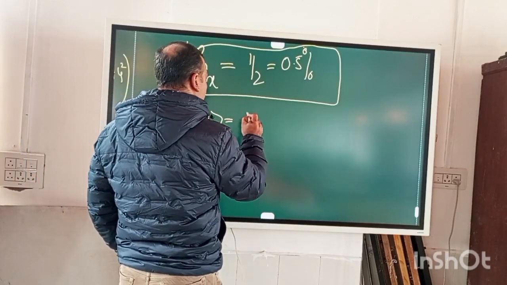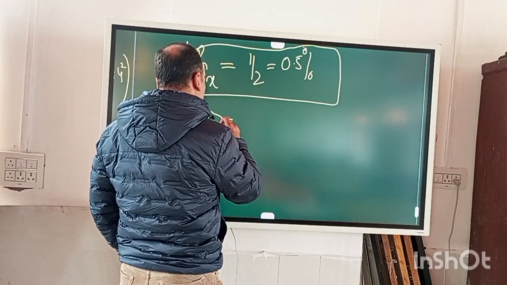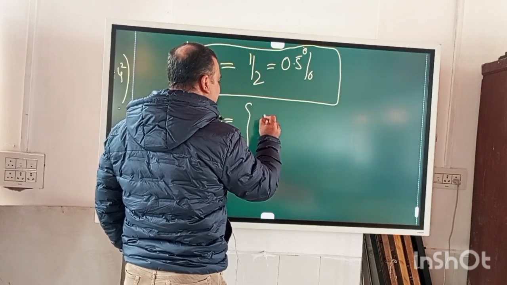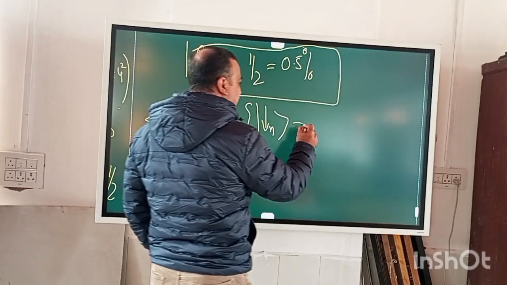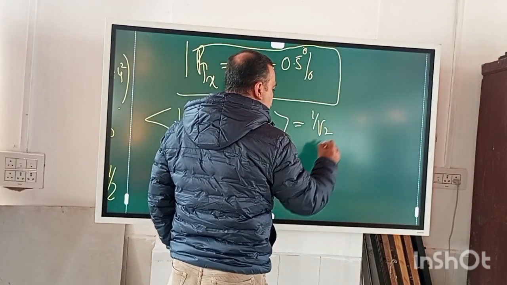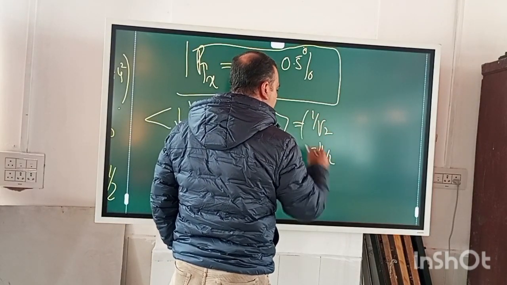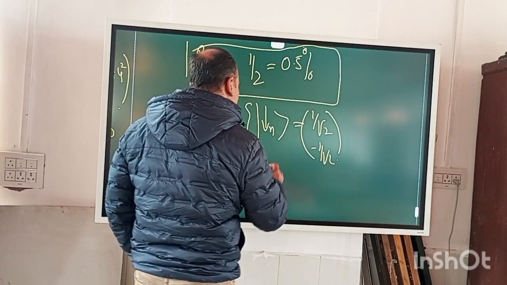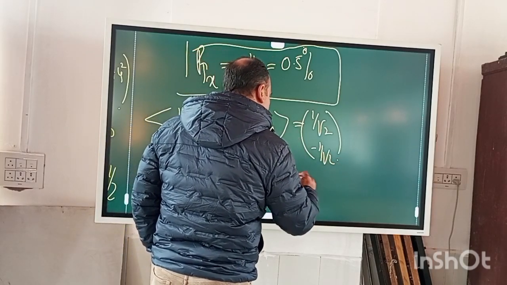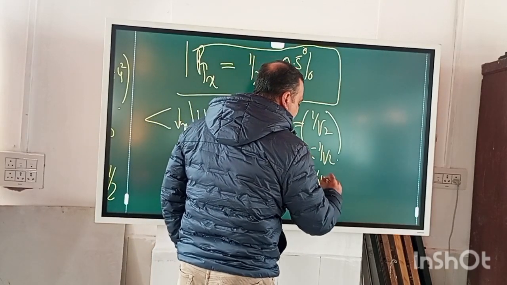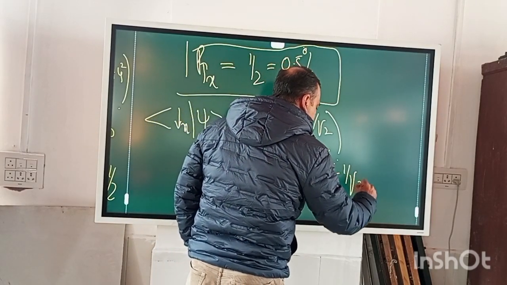We know that the ket of spin down along x is 1 by root 2 and minus 1 by root 2. So you change it to the bra of spin down, which will be 1 by root 2, minus 1 by root 2.